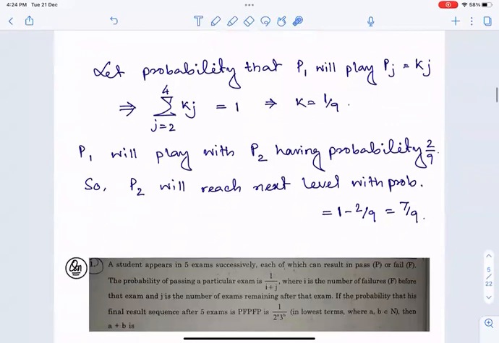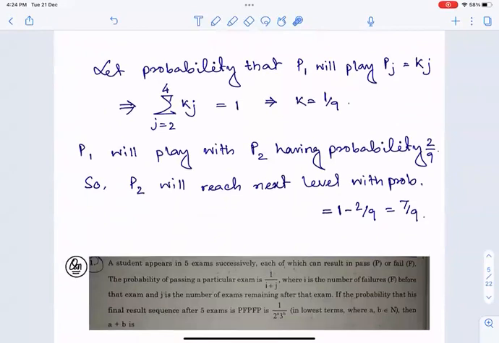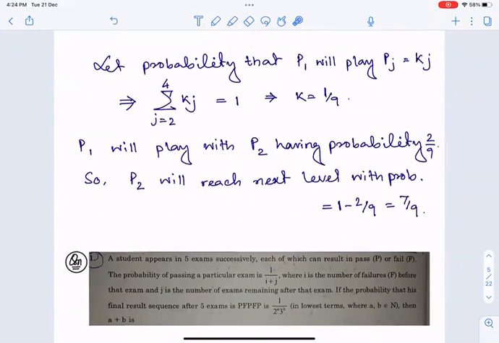The next problem is: a student appears in 5 exams successively, each of which can result in either pass or fail. The probability of passing a particular exam is 1 by i plus j, where i is the number of failures before that exam and j is the number of exams remaining after that exam.